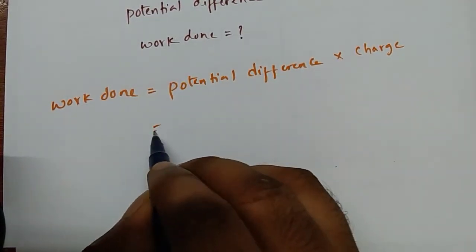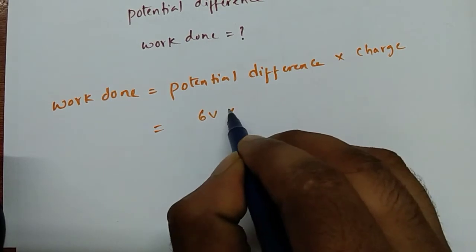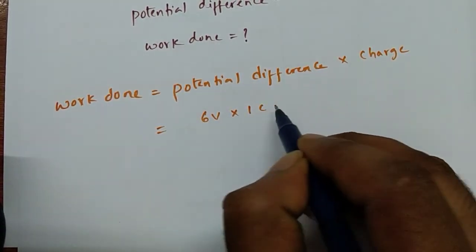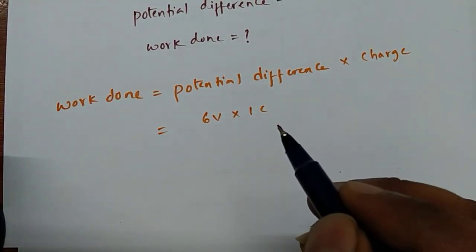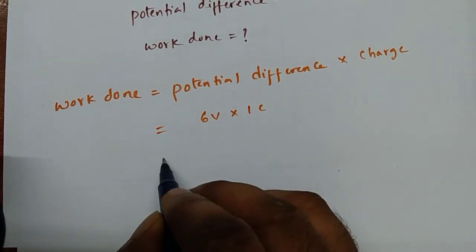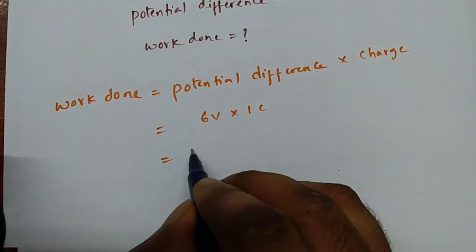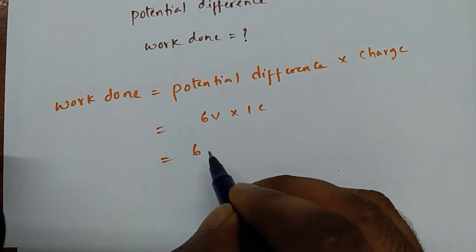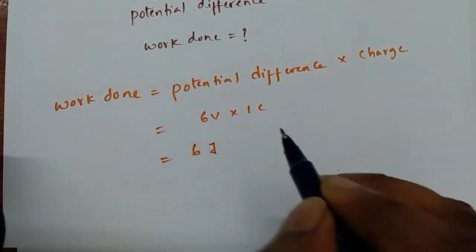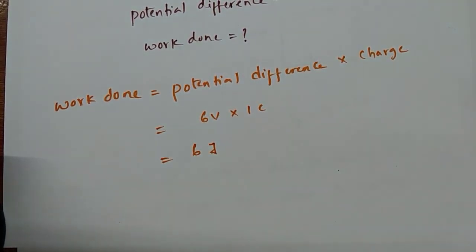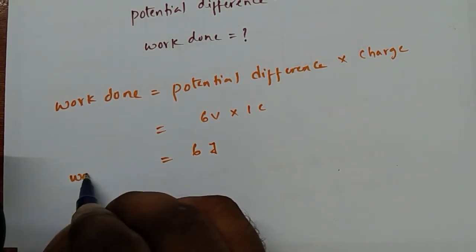So potential difference, how much did they give? 6 volts into charge, how much do you need to consider? 1 coulomb you need to consider. So that is equal to how much? 6 joules of work you did. This is the work done, that is our energy.